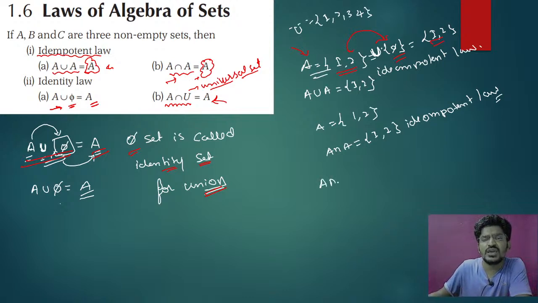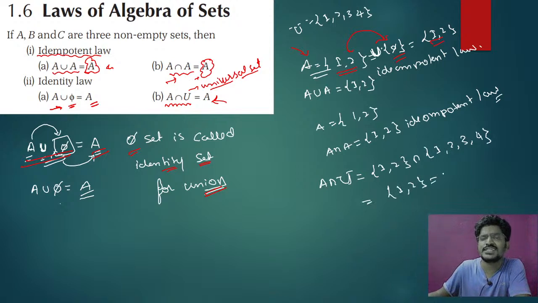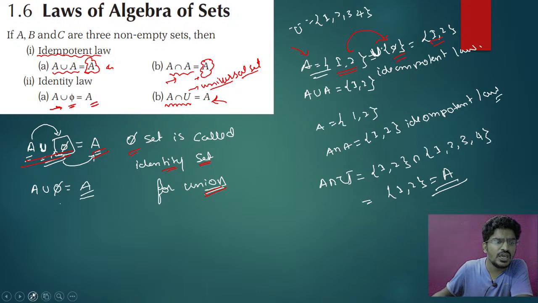Now if I make A intersection U, what are you going to get? A is {1, 2}, intersection with U is {1, 2, 3, 4}. So if I make intersection, you will get {1, 2}. That is nothing but again A.